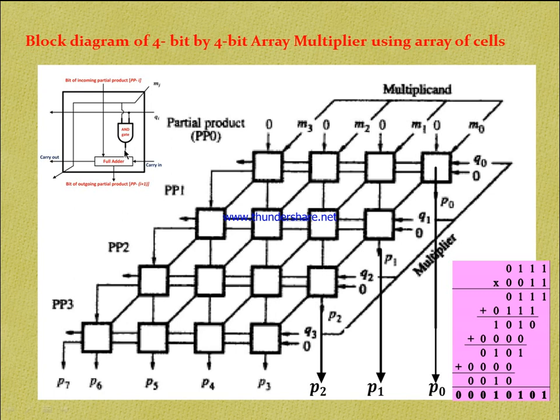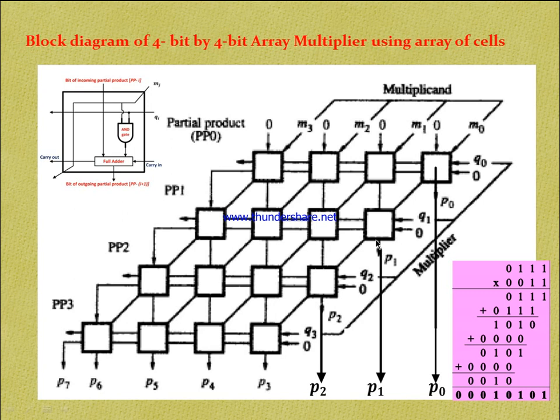Now 1 plus 1, what is the result of the full adder? We know that 1 plus 1 is 10, that means 0. So the output will be 0, and this 0 is propagated to the final output. But we have to keep in mind that the sum is 0 but the carry is 1.